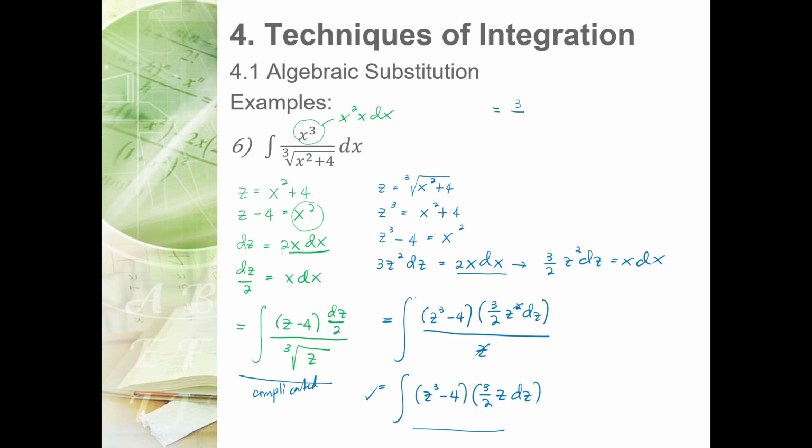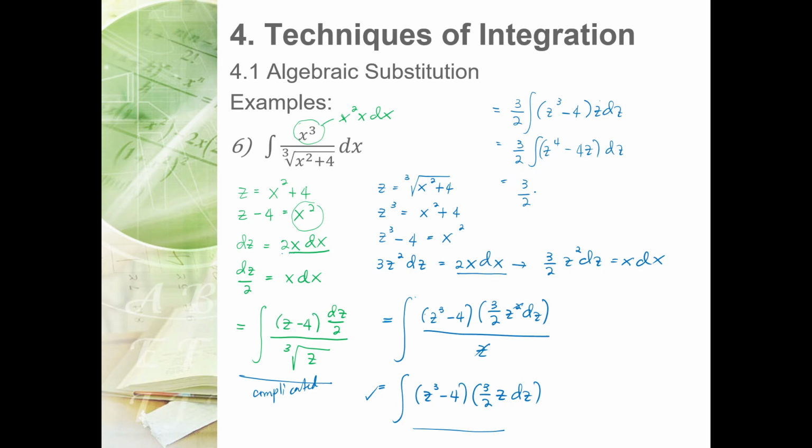So analyzing it even further, factoring out the constant, we now have z cubed minus 4, and then z dz. So 3 halves, and then we have z to the power 4, then 4z dz.